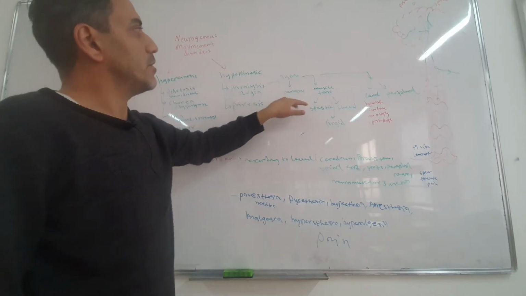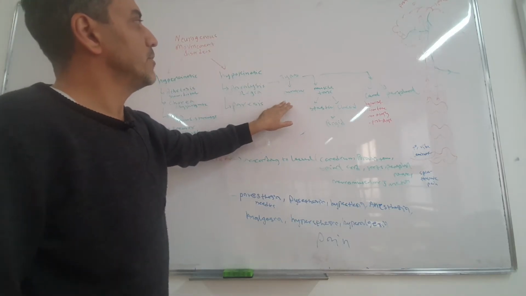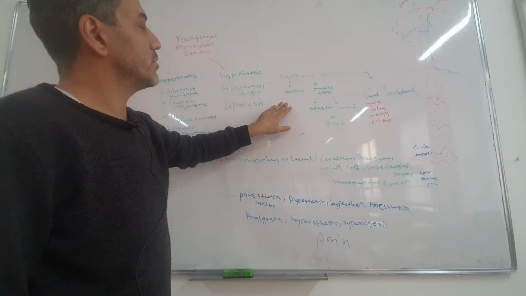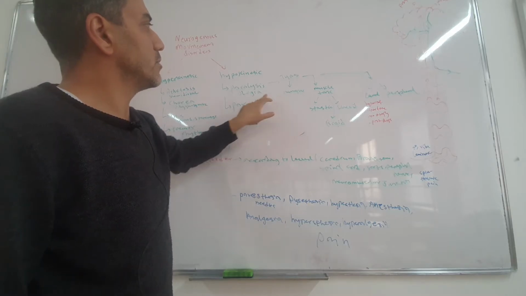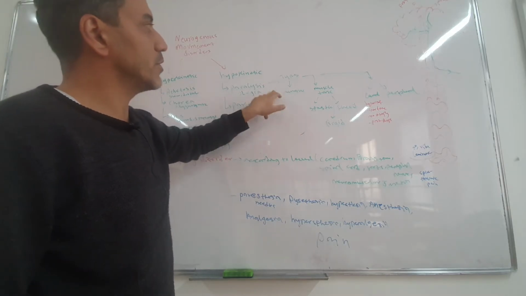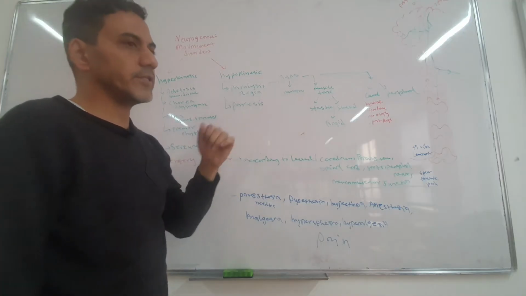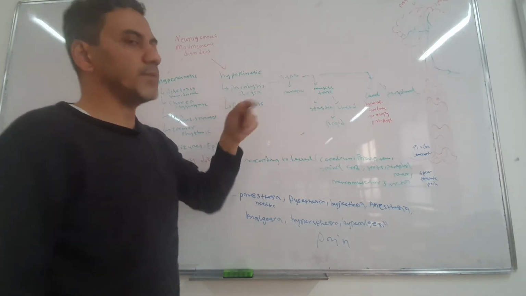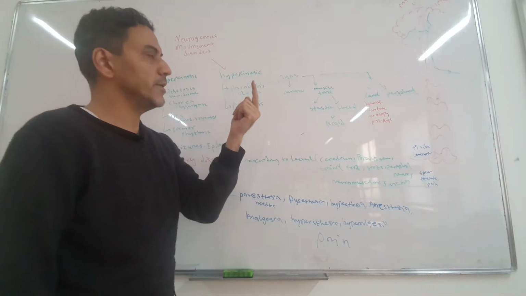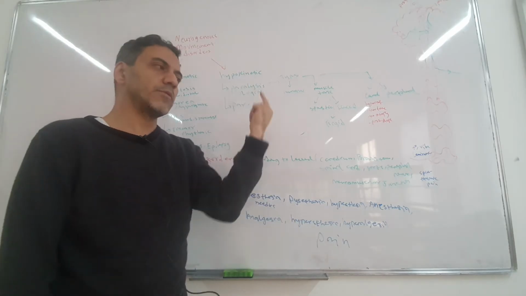Paralysis according to types, according to the number of extremities. We have monoplegia when one extremity has no movement, for example one arm.